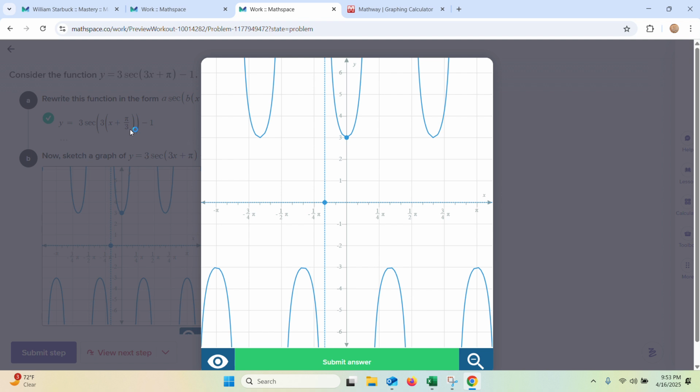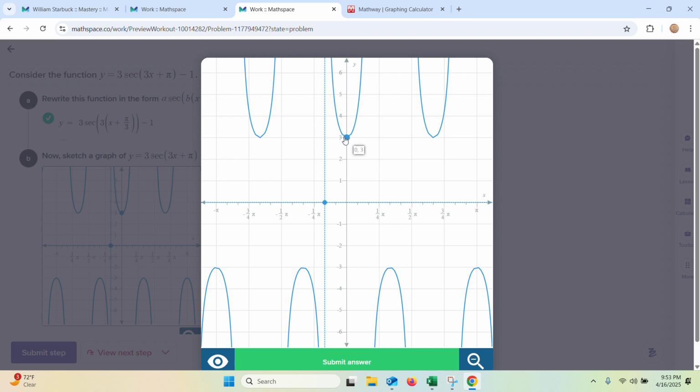Now then, I bet it's this. Moving it over pi over 3. Pi over 3. So if I was moving this over to pi over 3, I probably didn't go far enough.